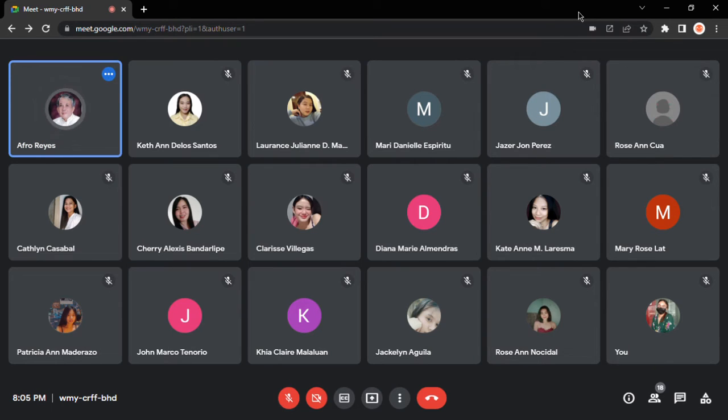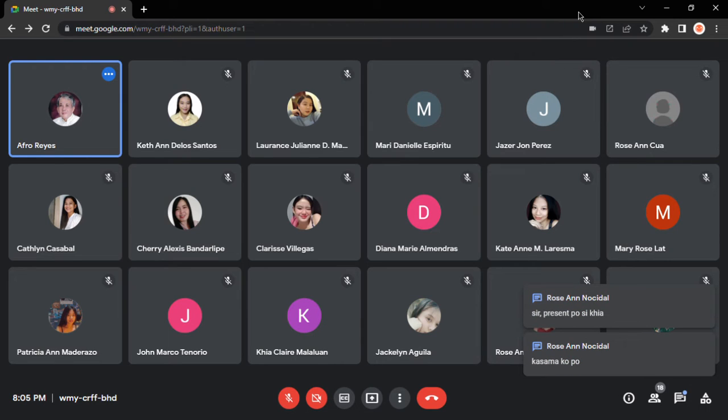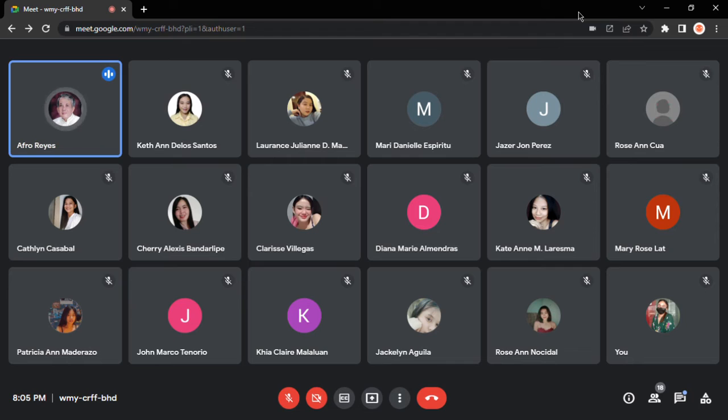Class, narinig ba ako? Oo. Sa Banawi si Rose ka Banawi?